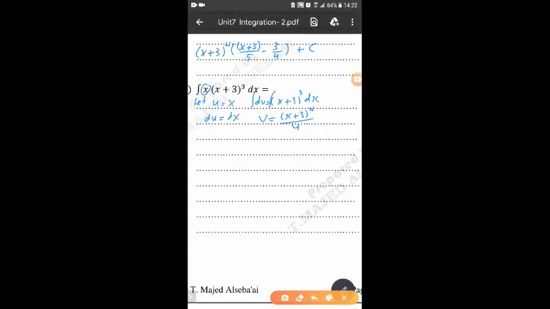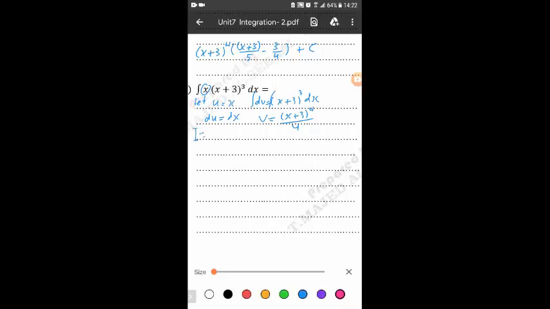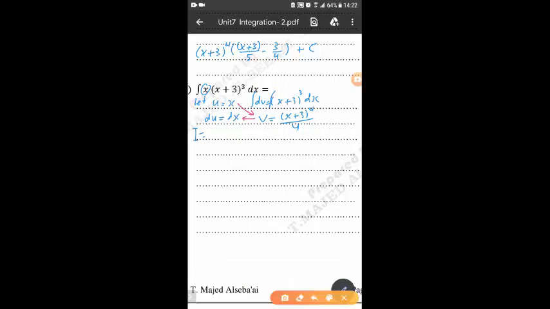So now I equals u by v, which is x times (x plus 3) to the power of 4 over 4. Then minus, what is the rule?